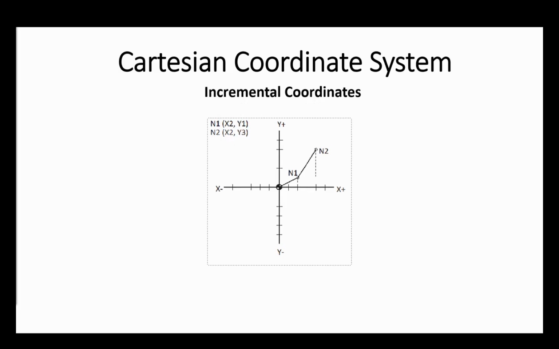Incremental coordinates, sometimes called delta or rectangular coordinates, are always in reference to the current position. In this example, you can see a move to N1 starting at the origin and then a move to N2 written in incremental values.